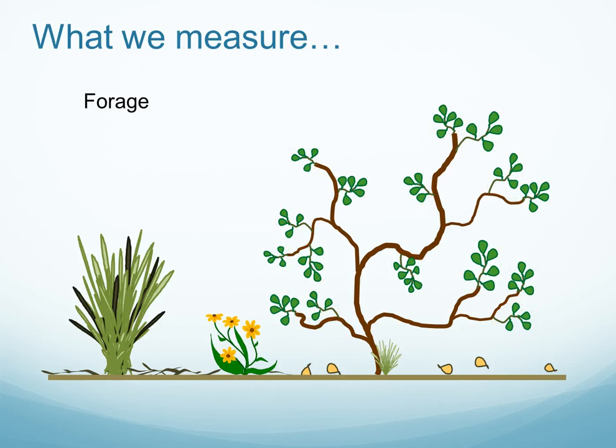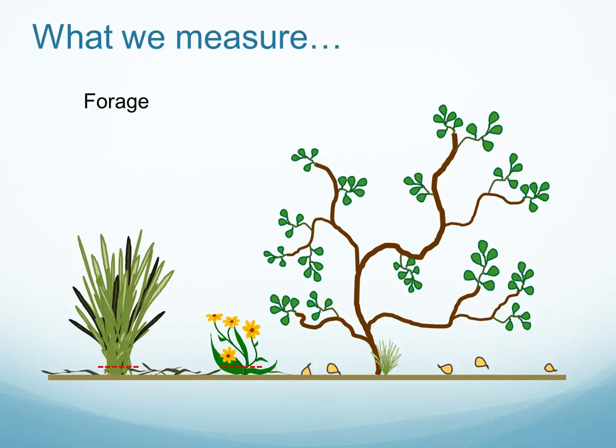Now, forage is a special term, usually referring to either herbage or browse or both, but it includes the caveat that the material must be available as forage as well as acceptable as a food for either grazing or browsing animals. And so animal preference and availability or accessibility of the material is important.